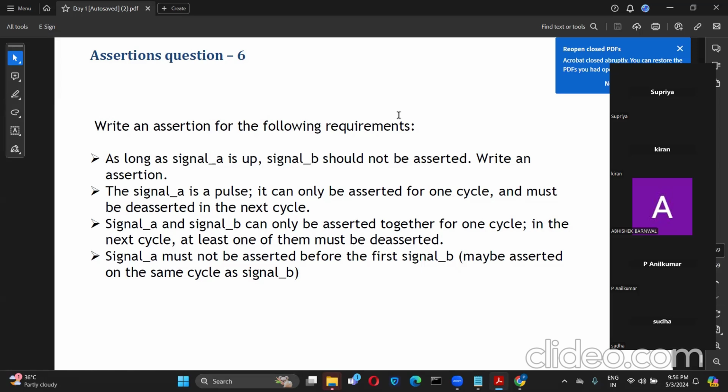What we can do, if we want to use the built-in functions, then you can write dollar rose of signal A and signal B, means both the signals should be asserted. And after one clock cycle, you can check dollar stable. If any of the signals is asserted, and here the dollar stable is returning zero, it means it is not stable.